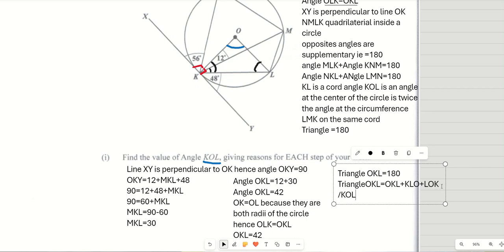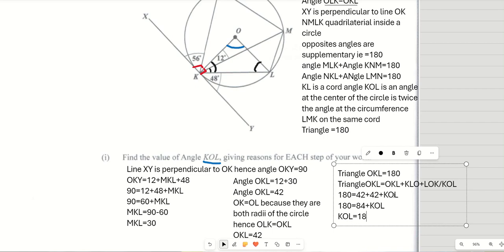Alright, so now we're going to put in what we have here. So 180 is equal to 42 plus 42 plus KOL. I'm using KOL because that's what they asked in the question, right? So that is 180 is equal to 84 plus KOL, so angle KOL would be equal to 180 minus 84. So KOL is equal to 96.